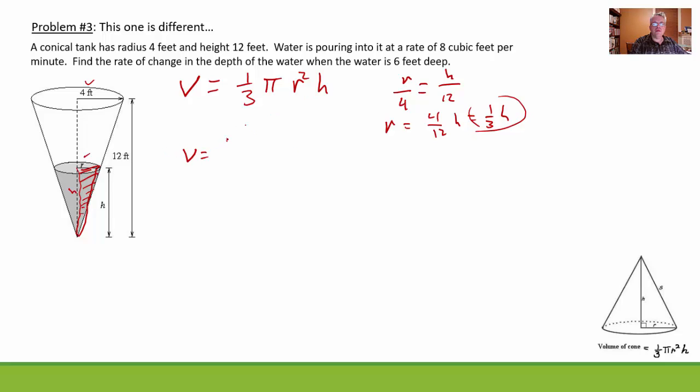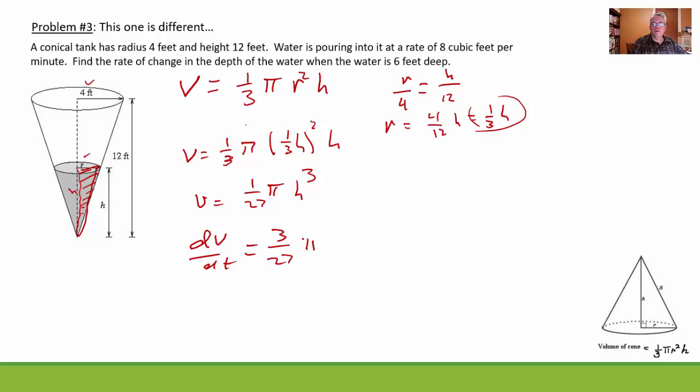So we get volume equals 1/3 pi times (1/3 h) squared times another h, or volume is 1/27 pi h cubed. Okay, derivative time, dV/dt equals 3 over 27 pi h squared dh/dt.